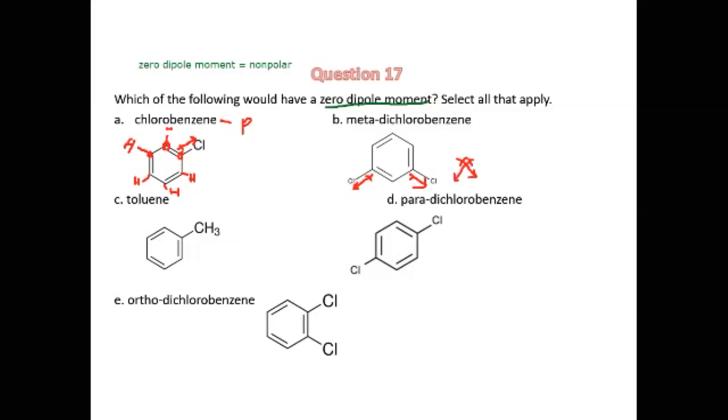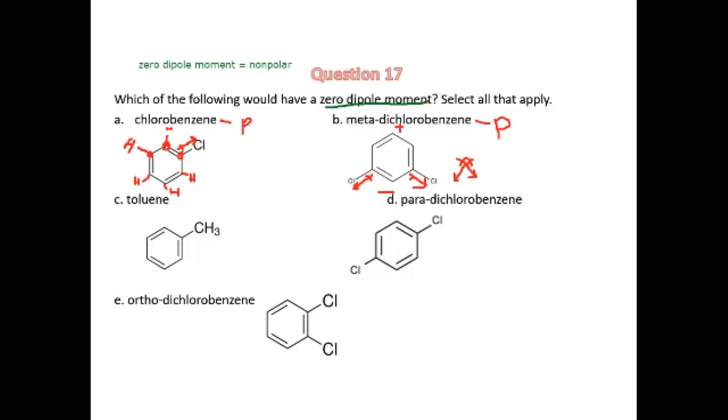So since they do not cancel, this is a polar molecule. That tells you there's a net negative charge in this direction and a net positive charge in this. And that's where you get a polar molecule. So since it's polar, it has a non-zero dipole moment.